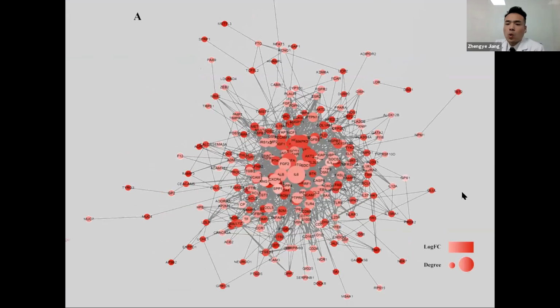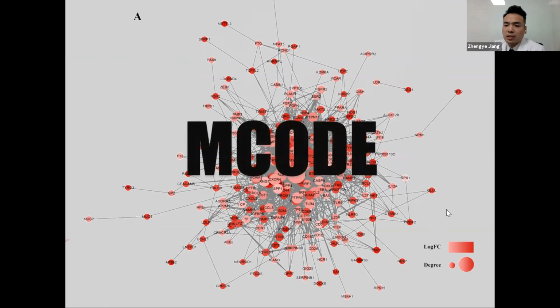And then we employed the MCODE to determine highly interconnected subnets, which are frequently protein complexes as well as components of cascades, as per the topological structure.